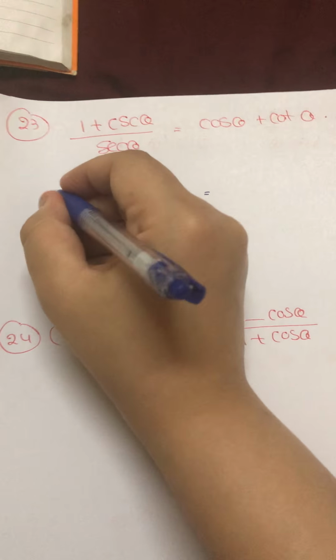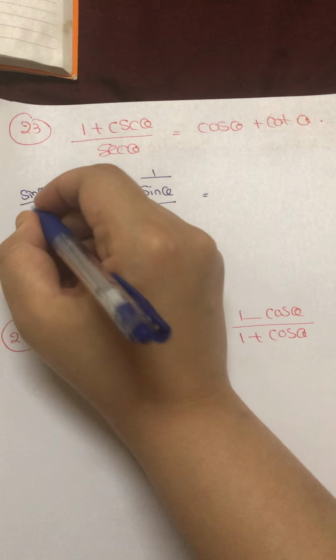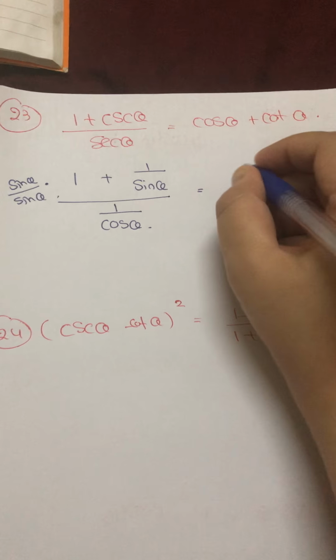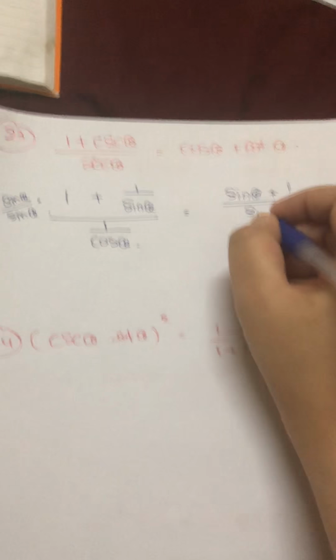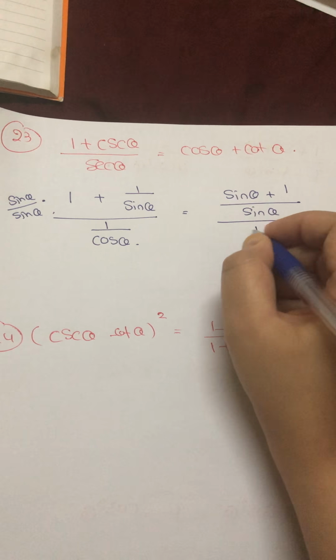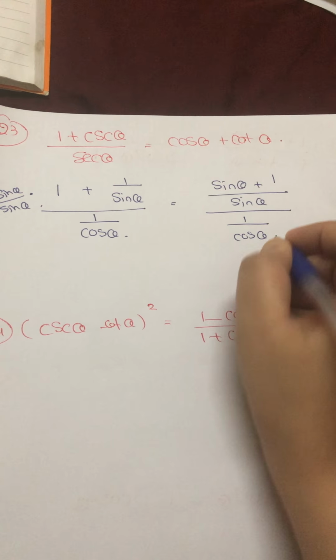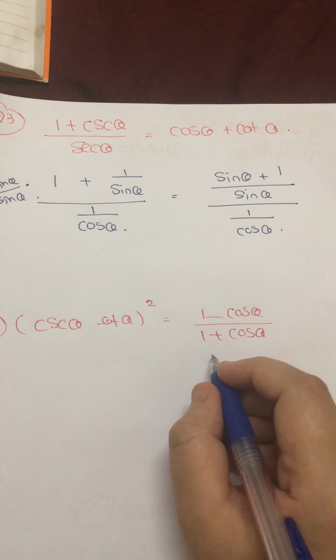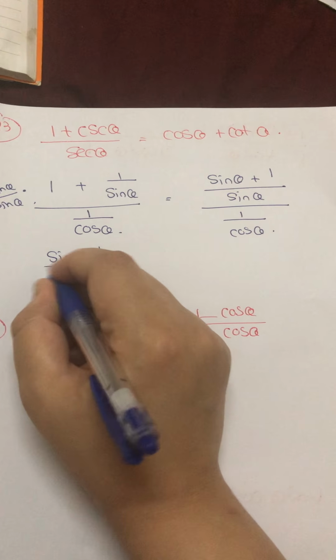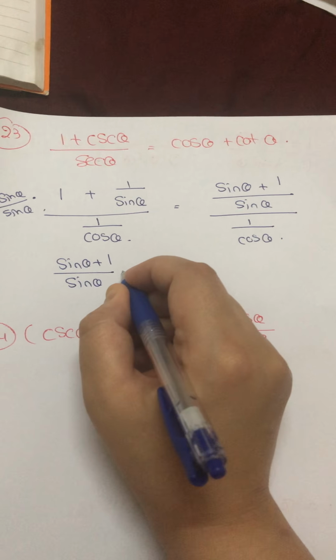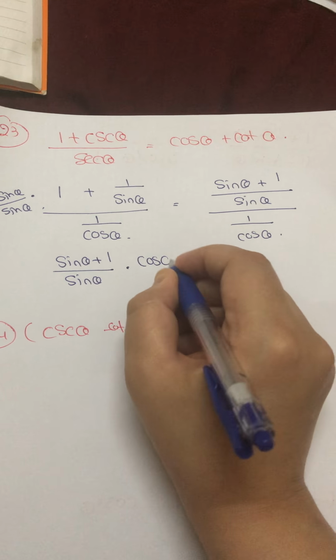Of course here I need to multiply by sine theta over sine theta. To cut it short, it's sine theta plus 1 over sine theta all over 1 over cosine theta. Okay, so basically it's the same as sine theta plus 1 over sine theta times cosine theta.